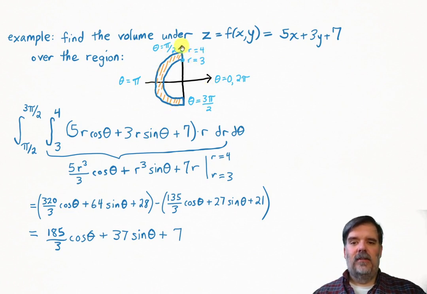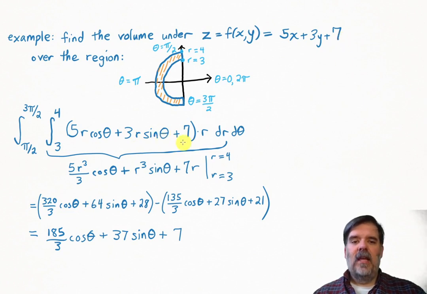So in this case, the angle that we're starting at is pi over 2. It points straight up. Then we continue along until we reach the angle 3 pi over 2. And so those are our boundaries for theta. So we've got our boundaries and our function. We replace x with r cosine theta, replace y with r sine theta.